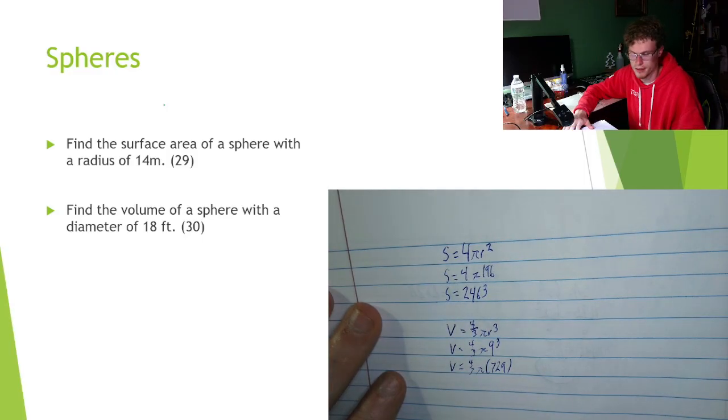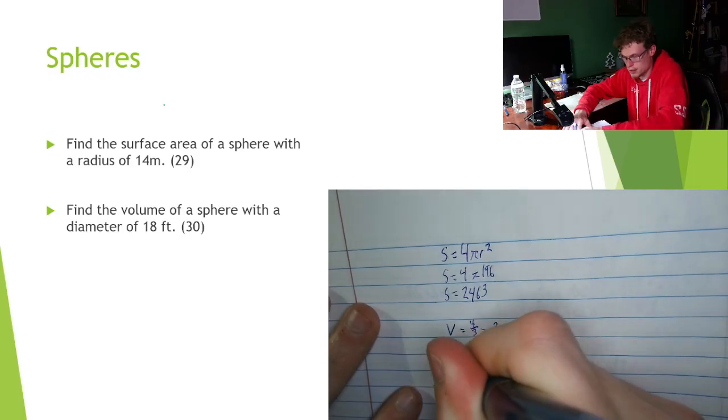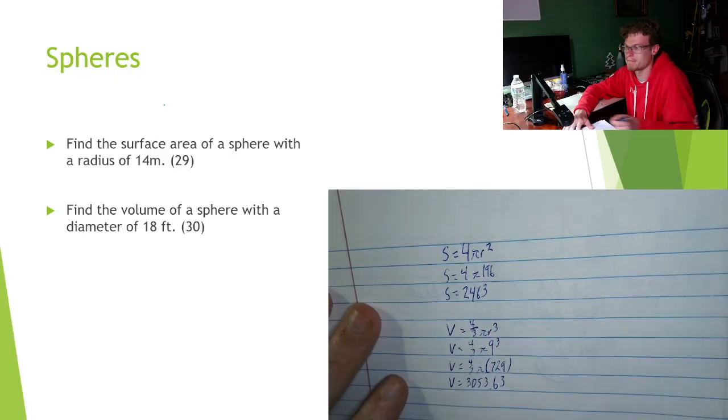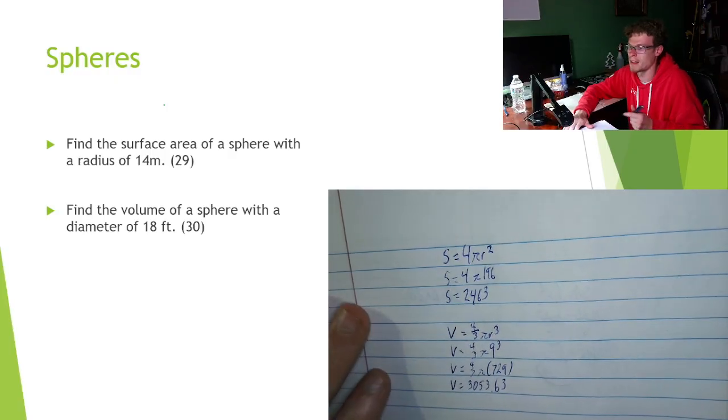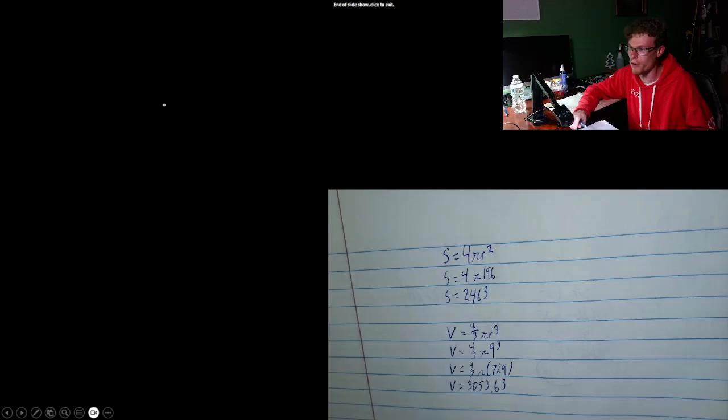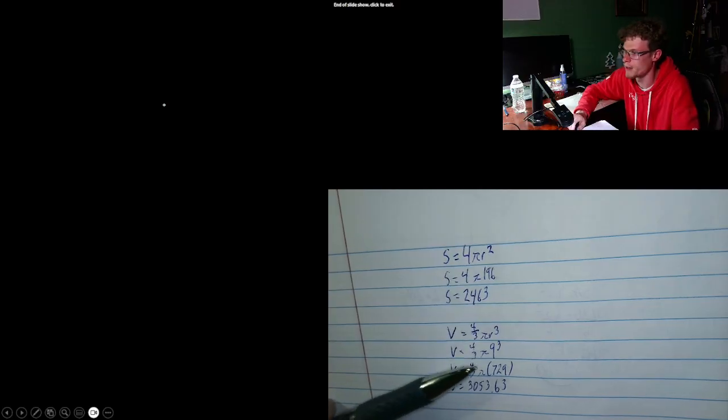So let's calculate it. 729 times the quantity 4 divided by 3 gives us 972 times pi equals 3,053.63. That's what you do for spheres. Woohoo! We're done, at least with those.